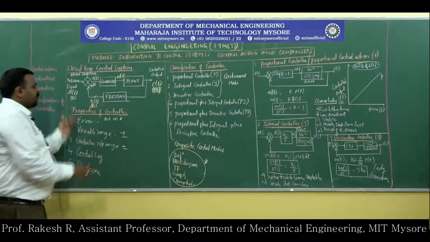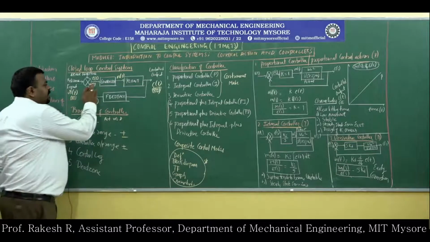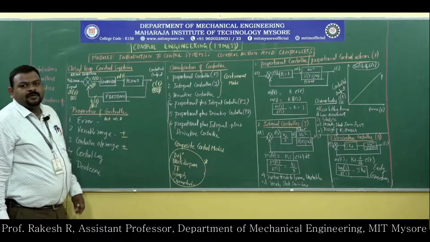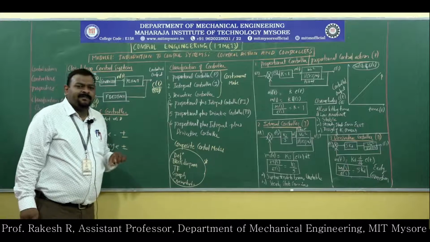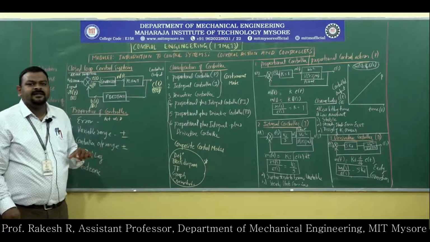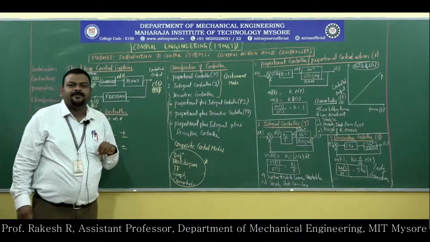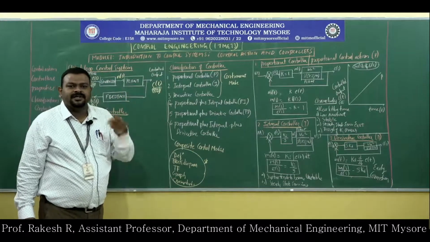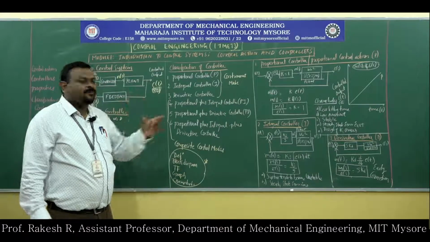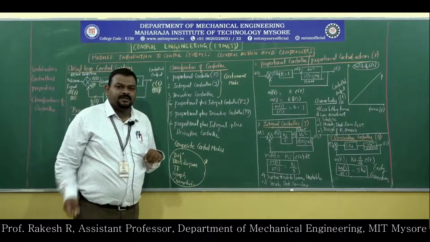This is also 80 km per hour. Here the error is 0. If the error is 0, you have to maintain the output proportional to the reference input. Here, in case there is no adjustment, you have to maintain the same output, the same 80 in all the cases.